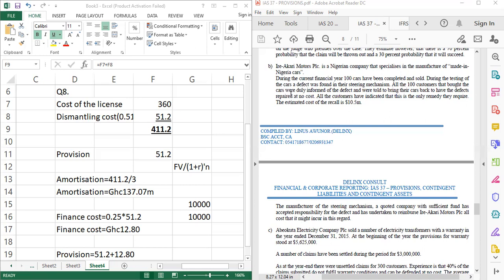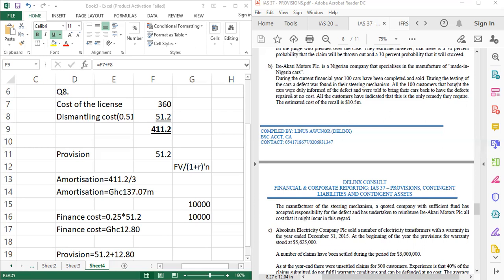A contingent asset, which is a claim, which is a reimbursement. So if you are going to spend 10.5 million, you make provision for 10.5 million as a liability, and at the same time recognize 10.5 million as a receivable, which is a claim or reimbursement that you are going to receive from the manufacturer.